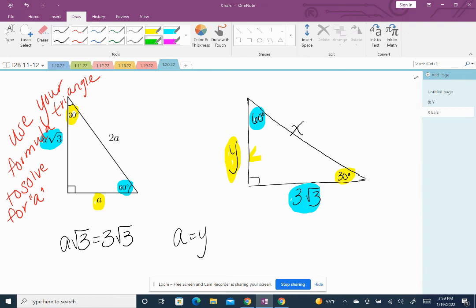And then our last one, the hypotenuse, 2A is equal to x. So like I said, once you know the value of A, you can find all the other things.